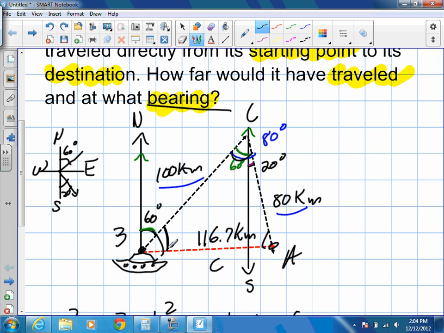What law can I use now that I've used cosine law to figure out this side? We can use sine. It'll be a little easier because we now have an actual ratio of 116.7 and 80 degrees. So we're going to set that up with the 80 kilometers to figure out our angle B. I'm only going to do half the sine law since you guys are so good with it.